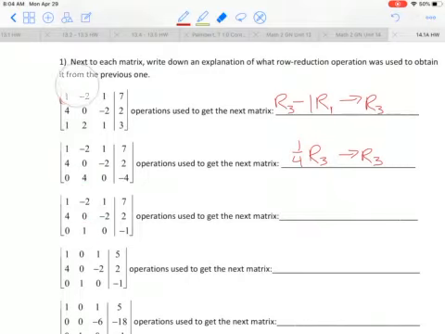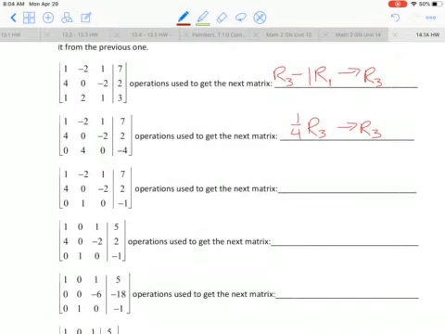Okay, now that should give us a 1 there. Now the next one that changes is to go from this row to this row. And notice the 1 stayed the same, but this changed to a 0. So that's when I say, okay, row 1 changed, but I need to add or subtract something to it. So I'm going to add 2, and I'm going to use row 3 because that's where my 1 is.